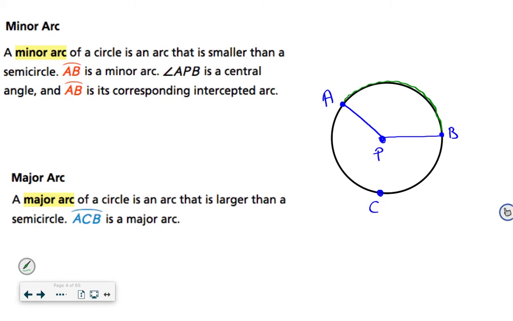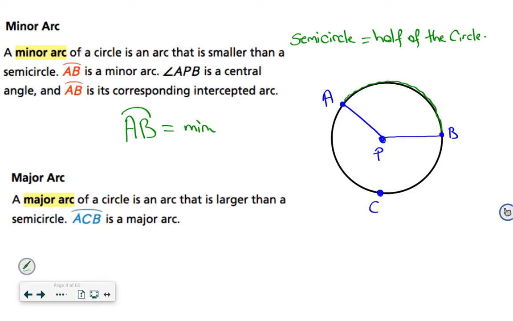If this arc is less than a semicircle, which means half of the circle, if this arc AB is less than semicircle, we describe it with this symbol, and it is called minor arc.